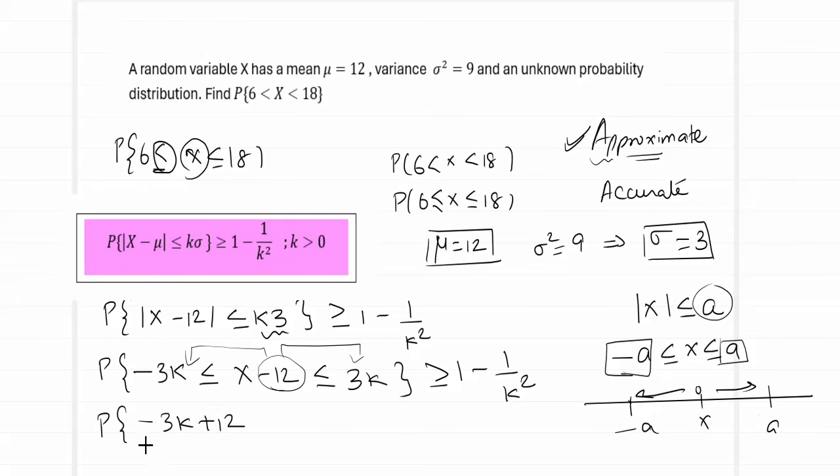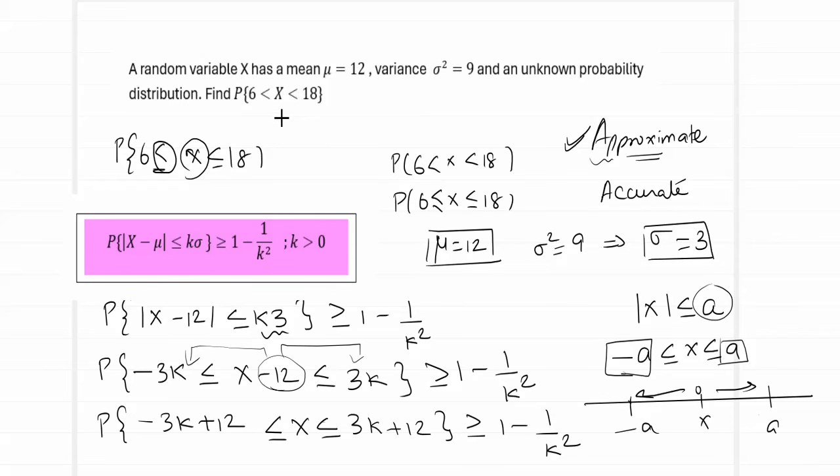So I have probability of minus 3k plus 12 less than or equal to x less than or equal to 3k plus 12, and this is greater than or equal to 1 minus 1 by k square. So now I have obtained a format where x is in the middle with a lower limit and an upper limit. Now we are ready for obtaining our answer by the method of comparison.